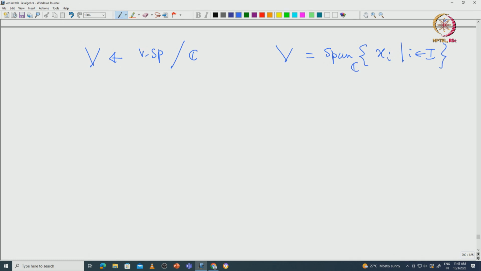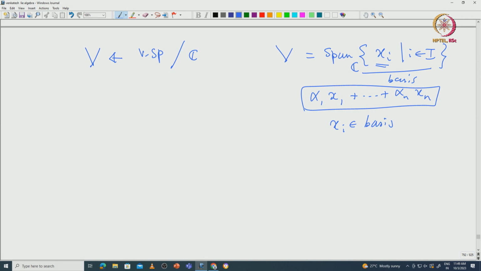The only things we know about these xi's are how to add them and how to take scalar multiples. So it makes sense to write down the linear combination alpha 1 x1 plus etc. plus alpha n xn, where the xi's come from this basis. But we do not know how to multiply them, for example x1 and x2.